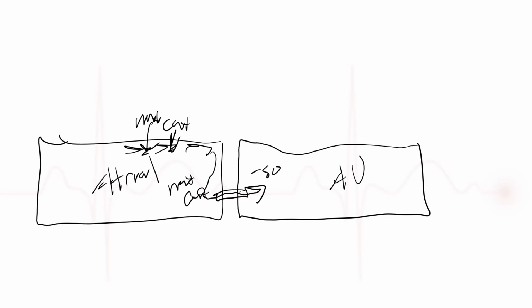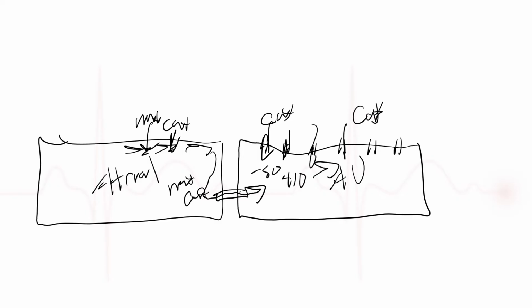It propagates its action potential, just like the SA node fiber does. It propagates its action potential utilizing calcium, through these L-type voltage-gated calcium channels, which you now know are DHP receptors, dihydropyridine receptors. So calcium flowing into the AV node is what enables the action potential to propagate.